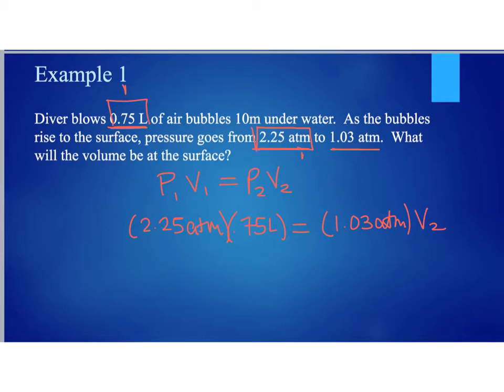Now when I look at my equation, I have 3 known values and 1 unknown value, so all I have to do is multiply these two numbers together, divide by the 1.03, and I end up with V2 equal to 1.6 liters. And this is my final answer.